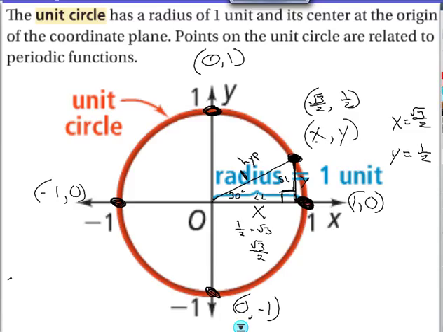Now, with that being said, this is where this unit circle stuff starts coming into play. What is the pattern for sine? You remember what the pattern is in a right triangle for sine?